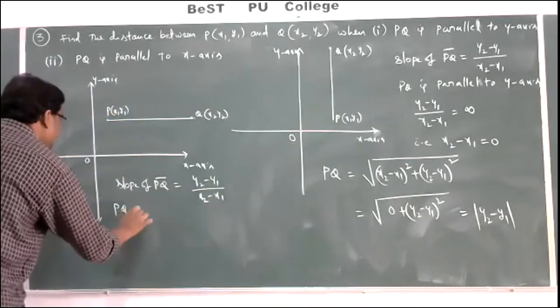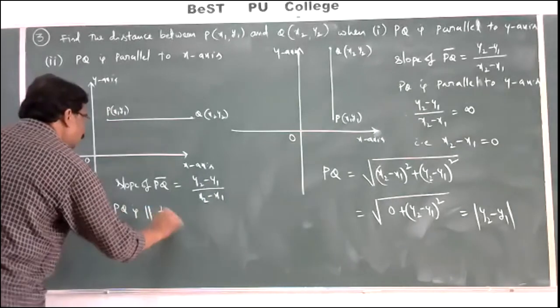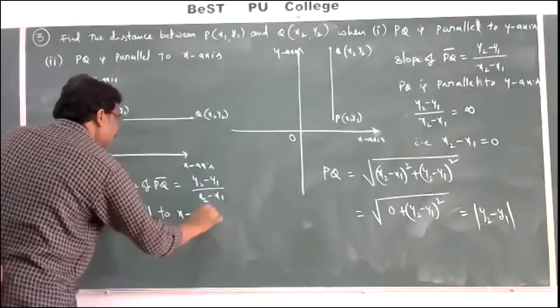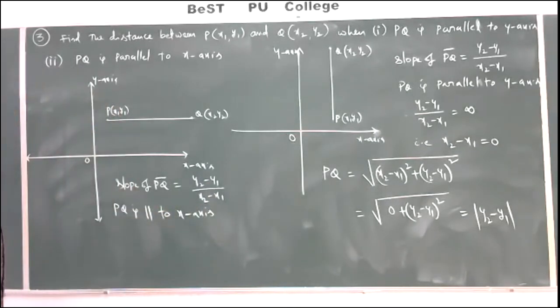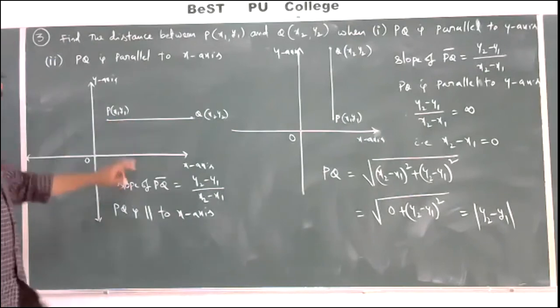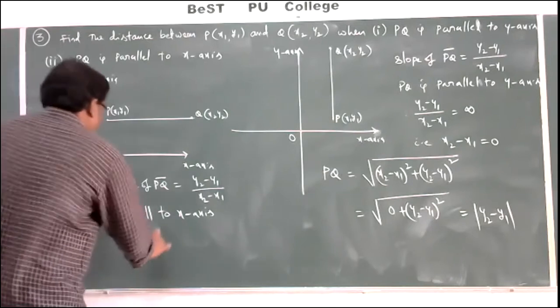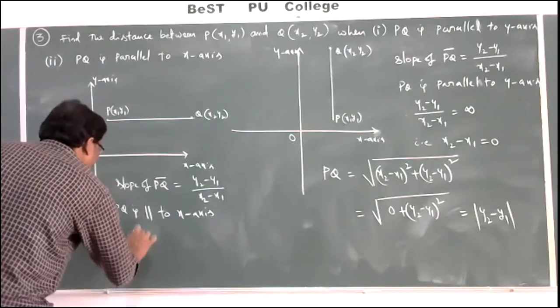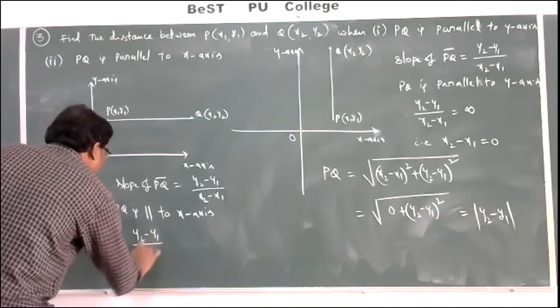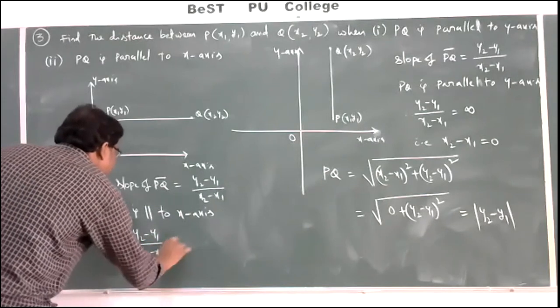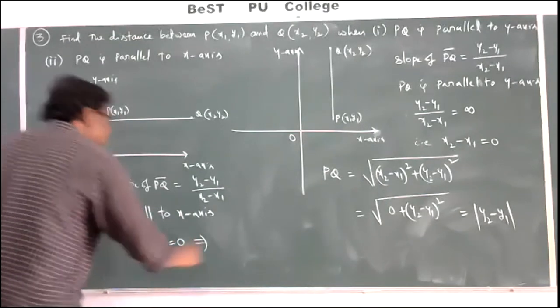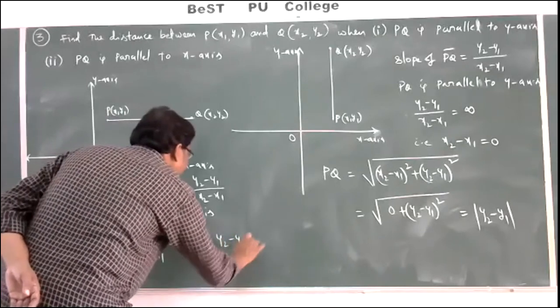So PQ is parallel to the x-axis. That's why, if two lines are parallel, their slopes are equal. What is the slope of the x-axis? 0. That is, y2 minus y1 by x2 minus x1 is equal to 0. That implies y2 minus y1 is equal to 0.